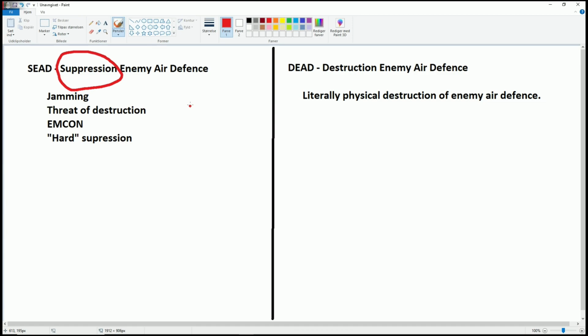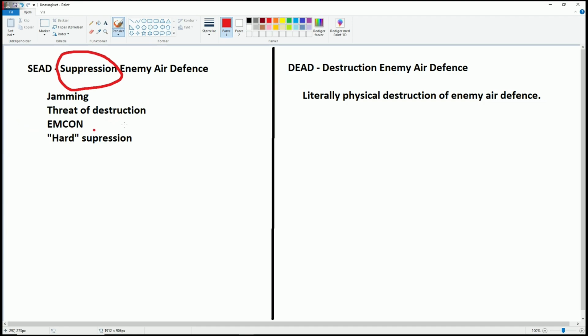You can shoot down little drones. You can also shoot down that missile. So yes, it requires you to turn on your radar, or if it's close enough, you can just use your optical sight or thermal sight. So threat of destruction is often enough.